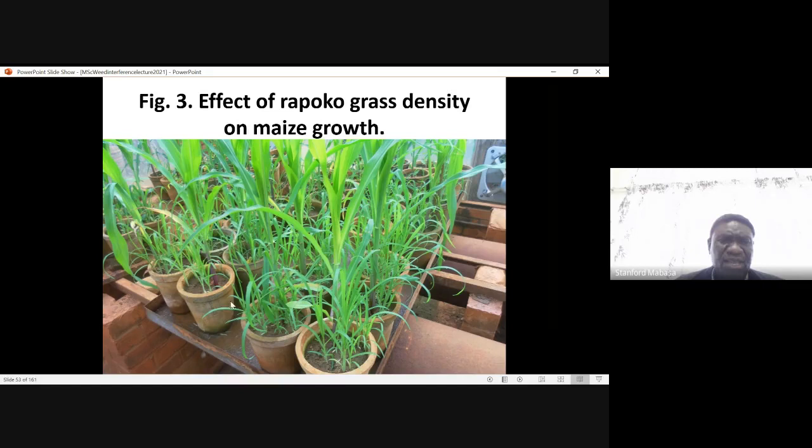You can see here we've got pots with the maize and the different amounts of Rapoko grass. What we simply do, we can conduct this kind of study for 8 weeks. At the end of 8 weeks, we just harvest maize biomass and do some estimations to get yield loss and relate it to weed density.